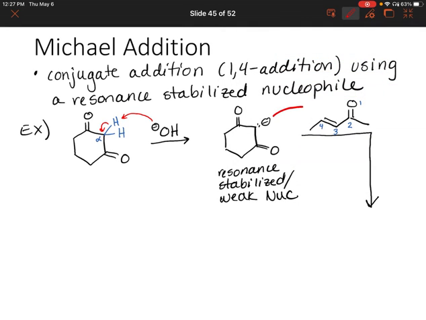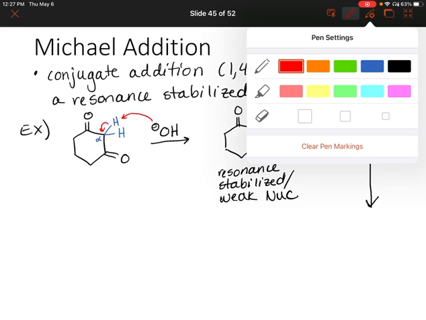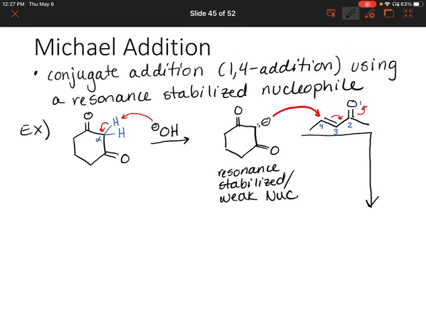And our enolate, again, will attack carbon 4 since it is weak and stable. That will move electrons over and up to oxygen. Okay, so now we have formed a bond with that carbon 4.